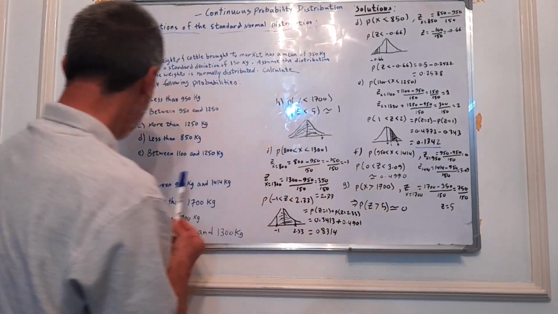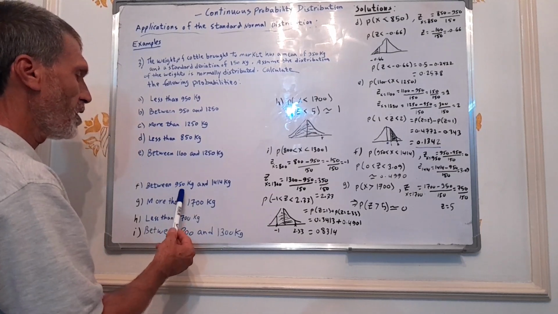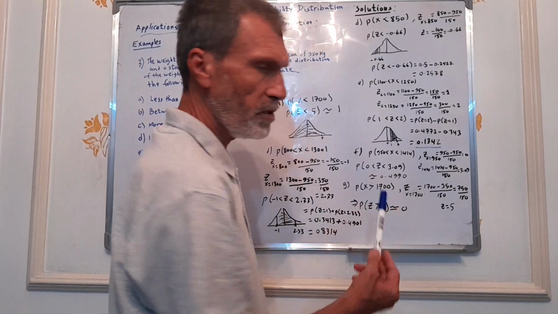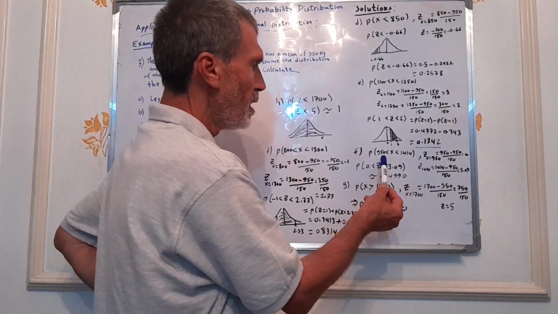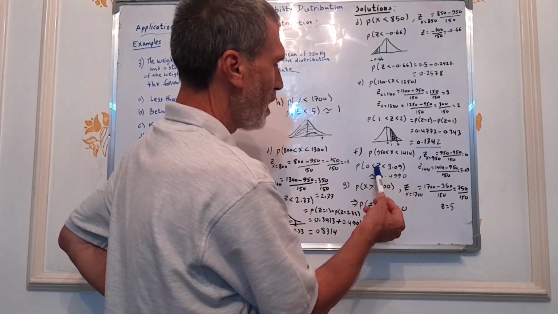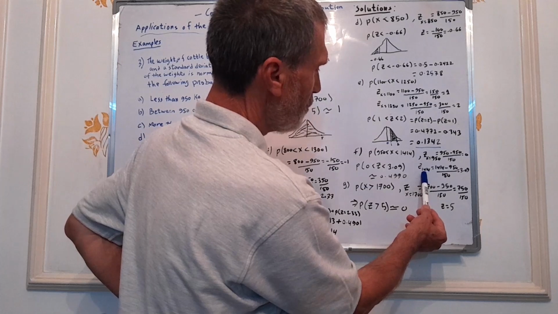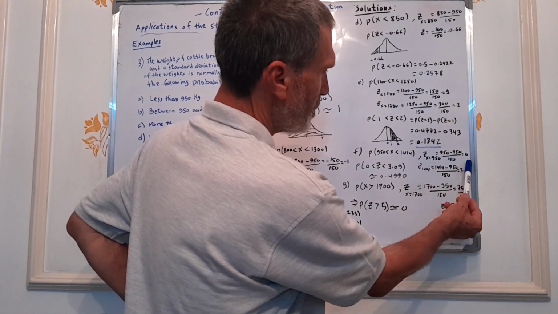Now we go to F, the probability between 950 kilogram and 1414 kilogram. Of course, first we convert that to Z. We find the Z when X equal 950, and the Z when X equal 1414. We come up with Z for X equal 950 as 0.